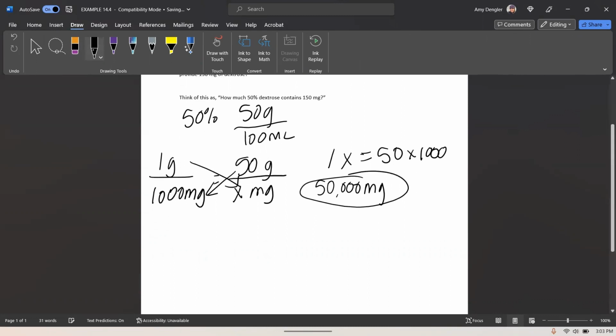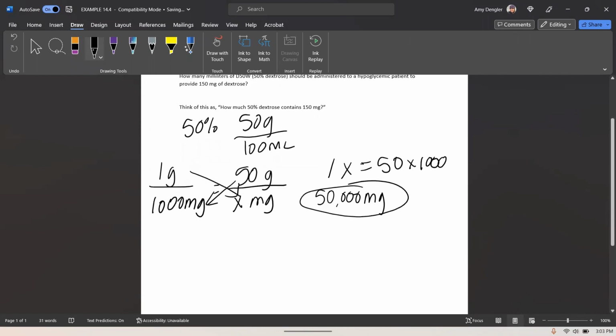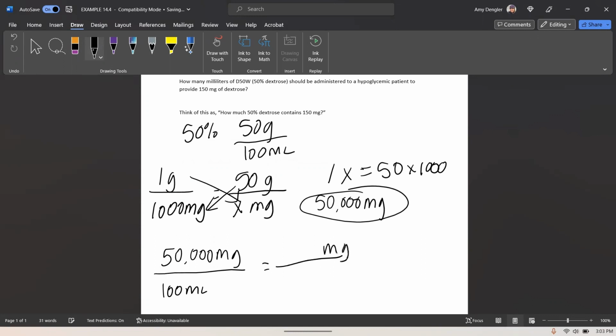And then we have to plug that into the problem now. So we have the strength as 50,000 milligrams over 100 ml. And we need the same units on top and bottom as we do on the other side of the proportion.